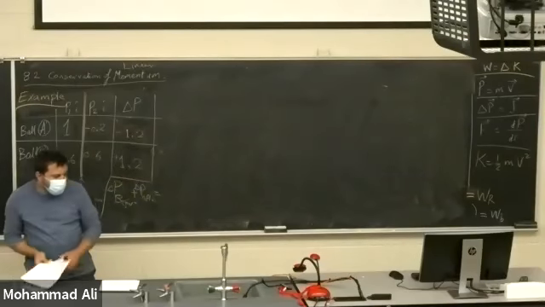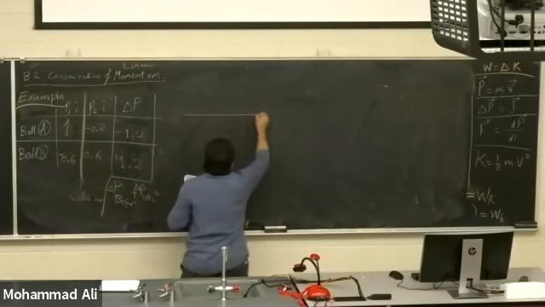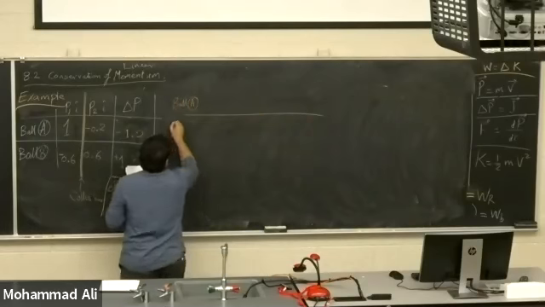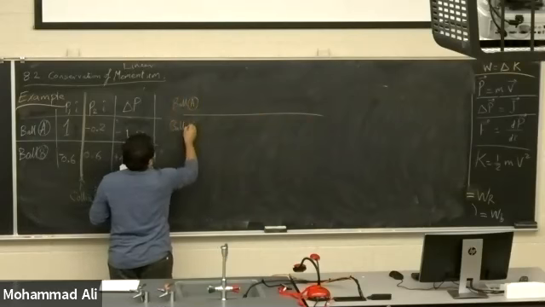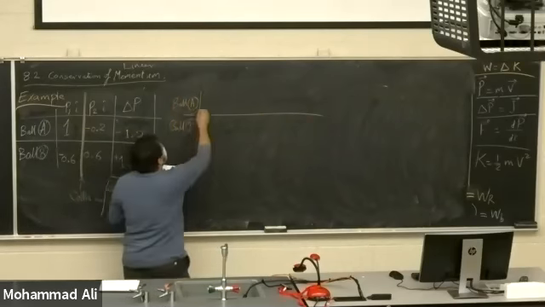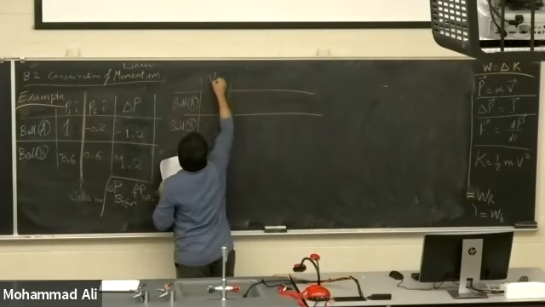Let me complete the table. Now this is ball A and ball B. This is the velocity before.